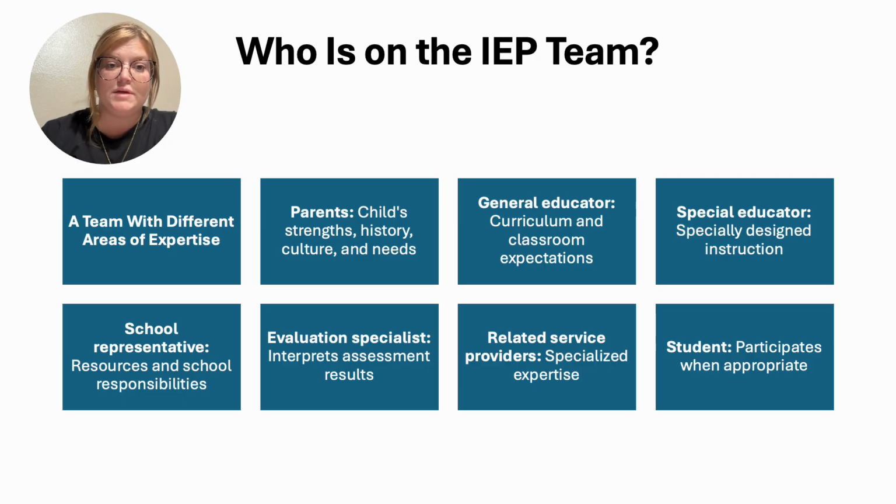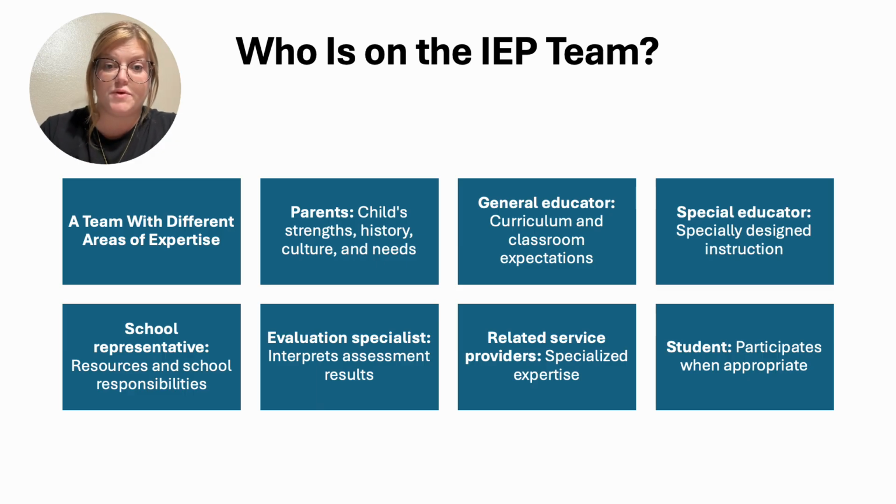So the IEP is developed by a team because no single person has all of the information needed to understand a child. The required members generally include the child's parents, who are one of the most important members on the IEP team, at least one general education teacher when appropriate, at least one special education teacher or provider, a representative of the public agency, and an individual who can interpret the instructional implications of evaluation results to help you better understand.